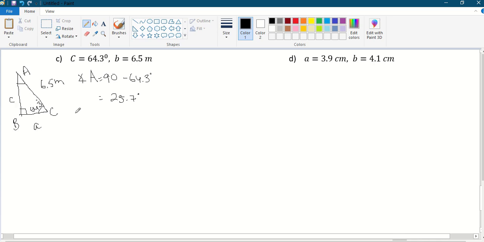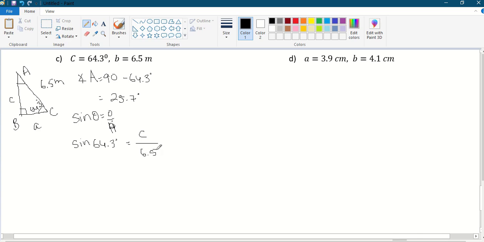Now to find the other two side lengths, we can use angle C, because this is opposite and the hypotenuse is given. The one which connects opposite and hypotenuse is sine. So sine theta equals opposite over hypotenuse. In our case, sine 64.3 degrees equals C over hypotenuse, which is 6.5.